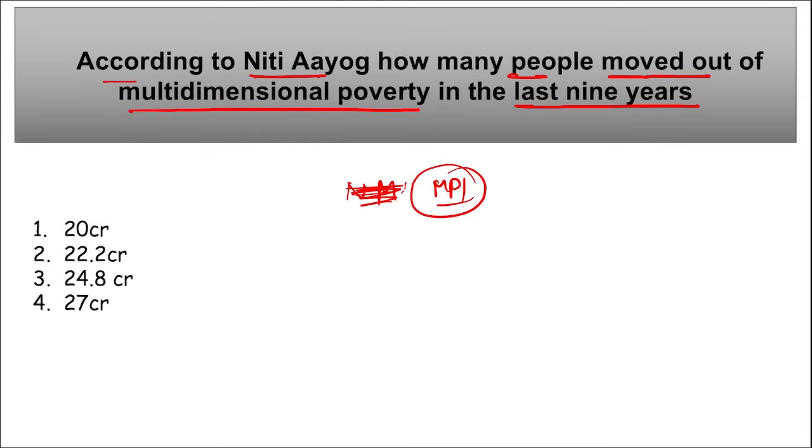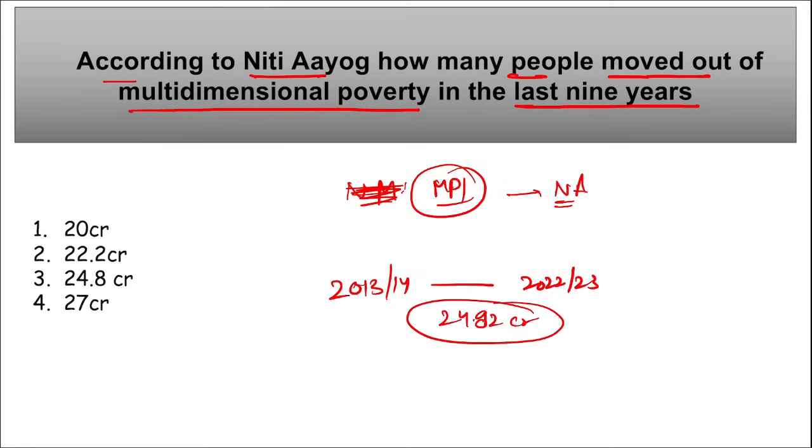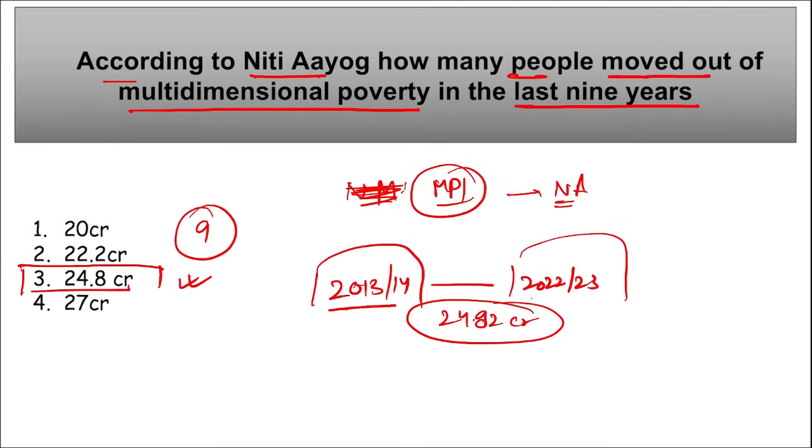It stated that between 2013-14 and 2022-23, almost 24.82 crore people moved out of multidimensional poverty in the last 9 years.